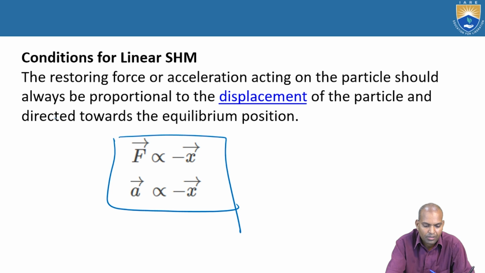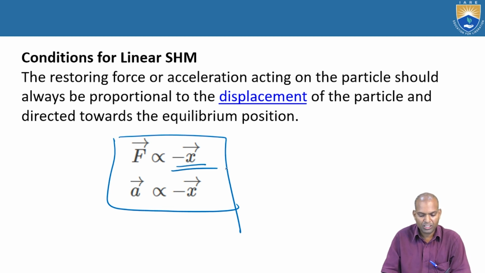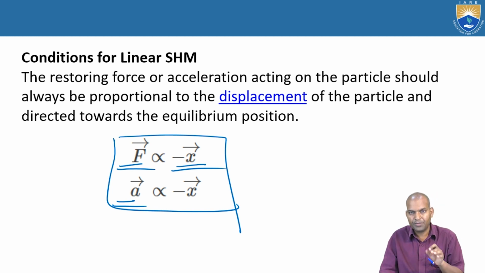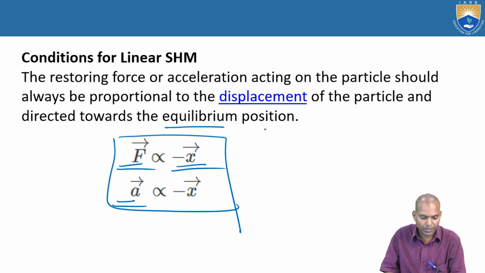One is the force, which is the elastic or restoring force, is directly proportional to the displacement of the particle and acts towards the equilibrium position. The acceleration is always directly proportional to its displacement and directed towards the equilibrium position.